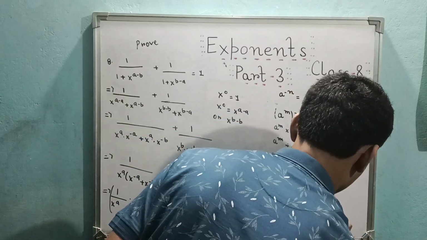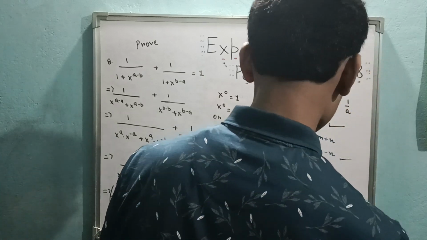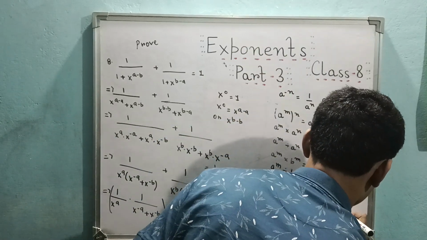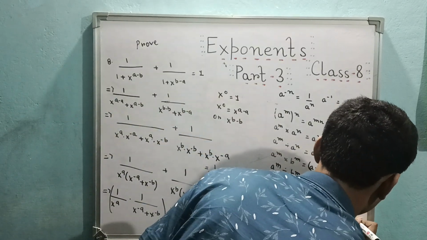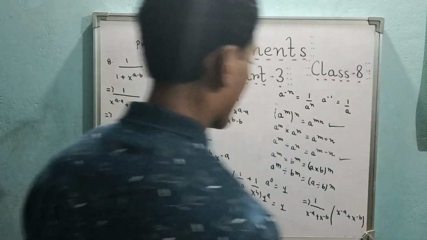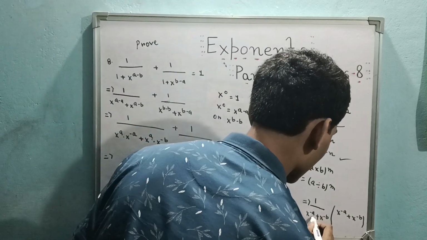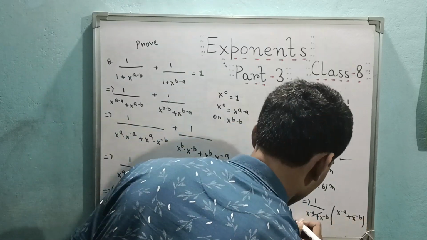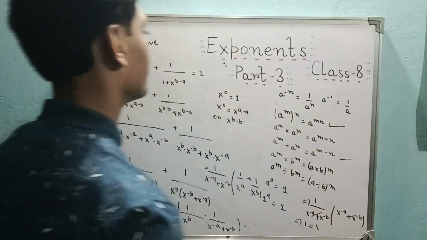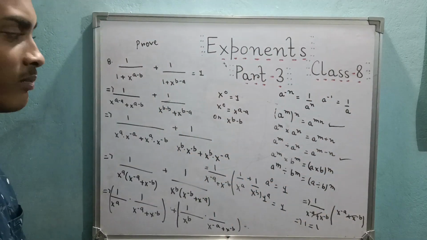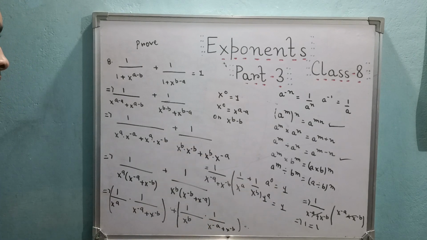Hats off to the question maker. 1 by x to the power a means x to the power minus a. So 1 by x to the power b means x to the power minus b. Now see, cancel out x to the power minus a and x to the power minus b, and 1 equals 1. This is the proof.